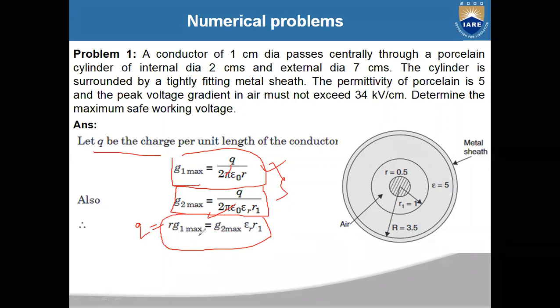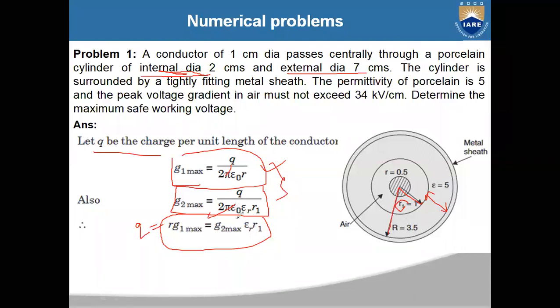Here you know the G1 max value, and r is also known. They also gave some extra information: the porcelain cylinder has internal diameter 2 centimeters and external diameter 7 centimeters. So the internal radius r1 is 1 centimeter, and the external radius capital R is 3.5 centimeters.